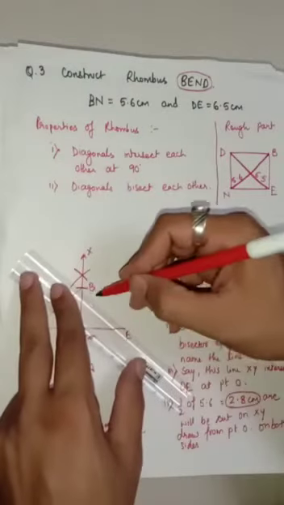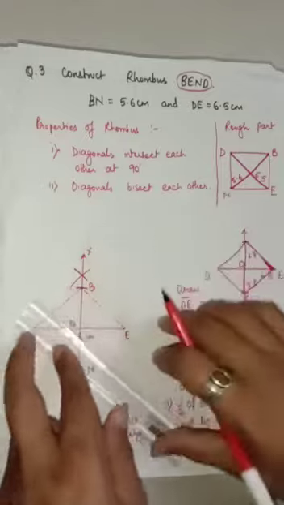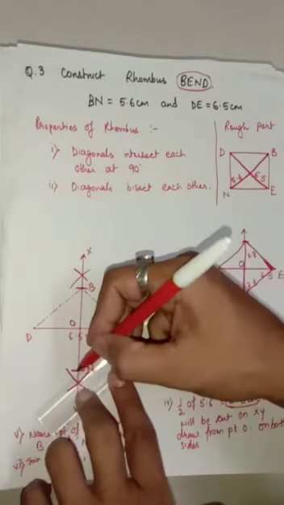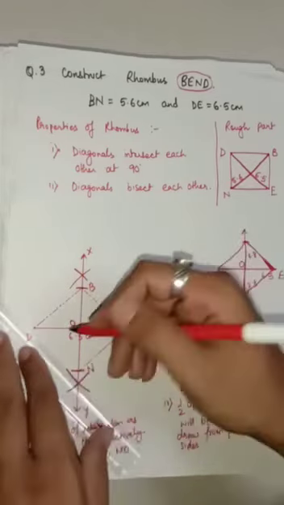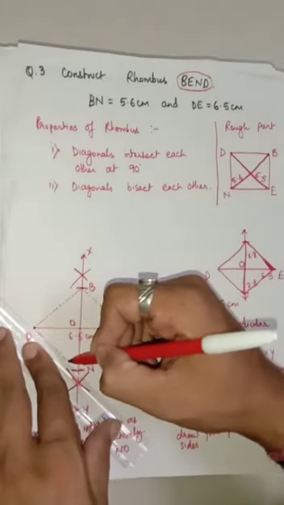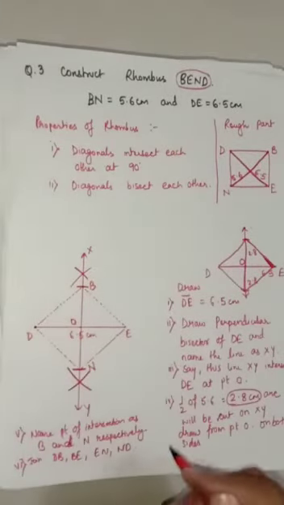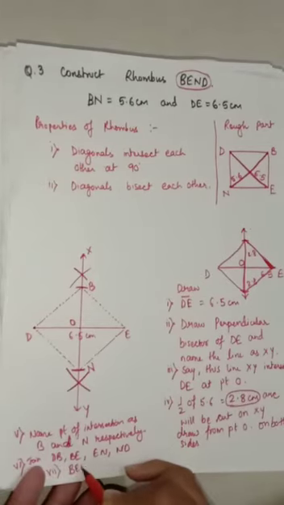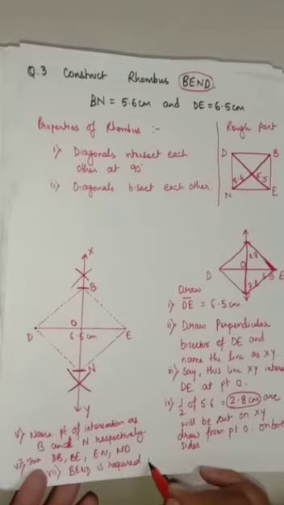BD, BE now, then EN, and ND. So this BEND is the required quadrilateral, or we can write, required rhombus.